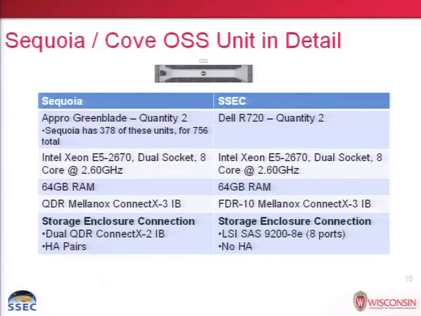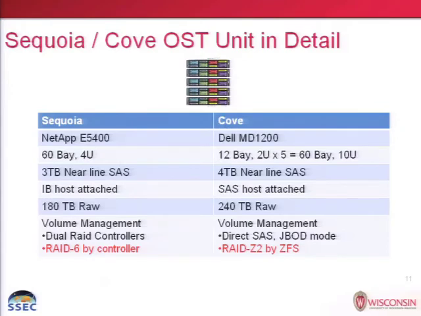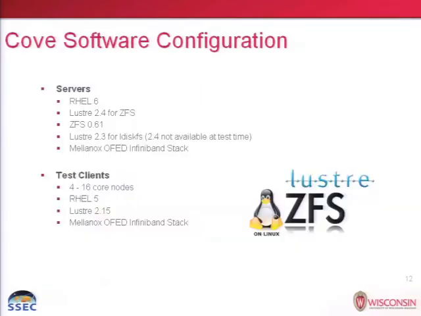It's with the simple LSI SAS 8-port connector. The OST units, once again, the big thing to note is the RAID Z2 versus RAID 6 on the controller. The density obviously isn't as high either. For software configuration, this is just to show what we tested against.